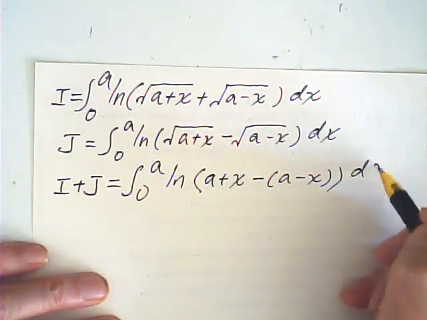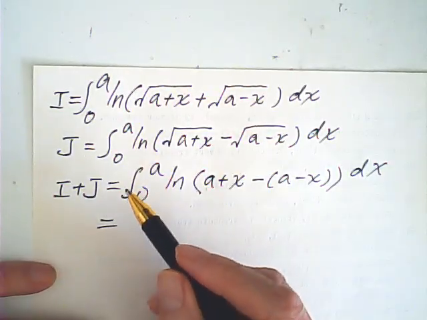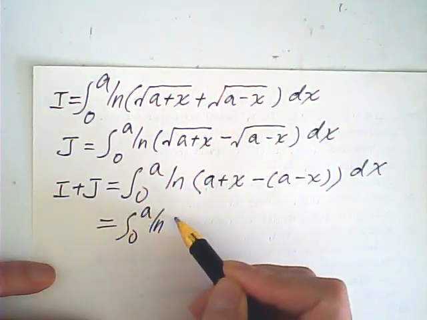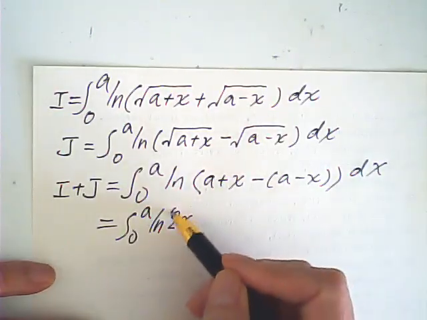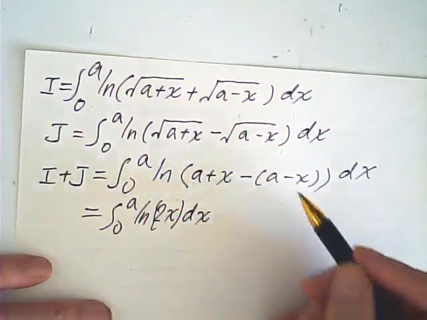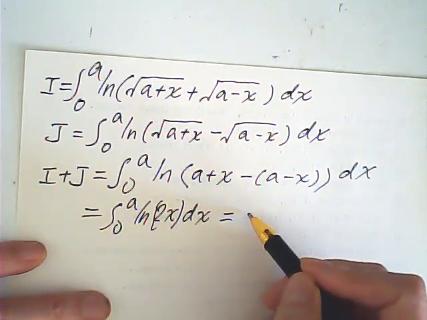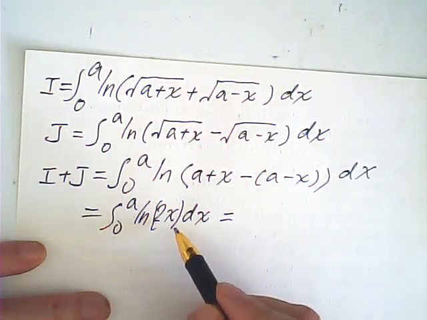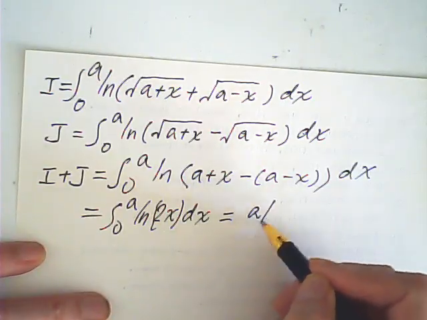Correct? So this one is equal to the integral of natural log of 2x dx, which is equal to log 2, and the integral of log 2 is a log 2, right?